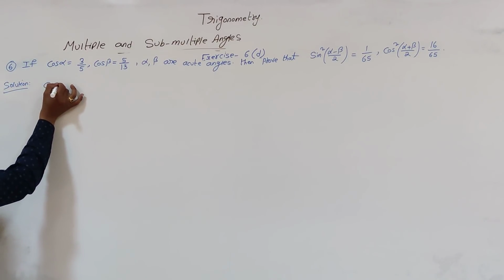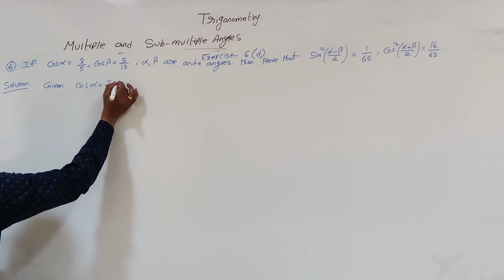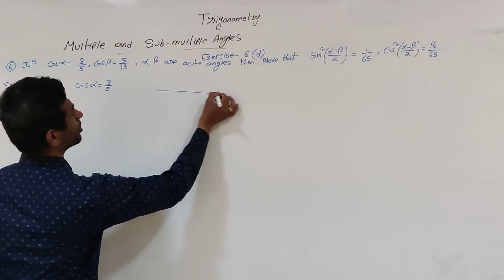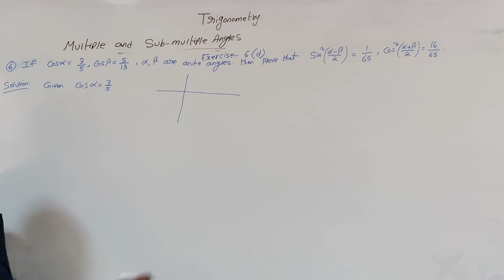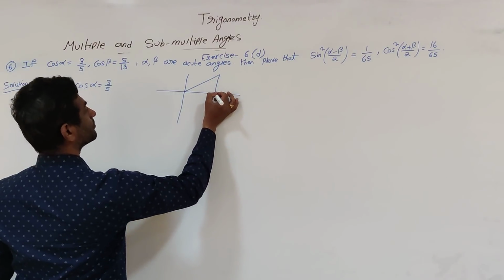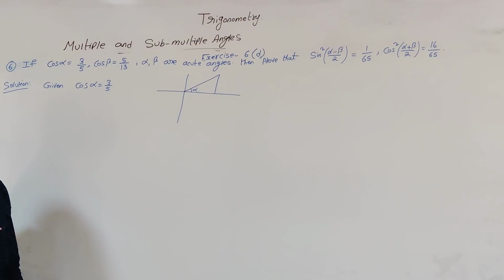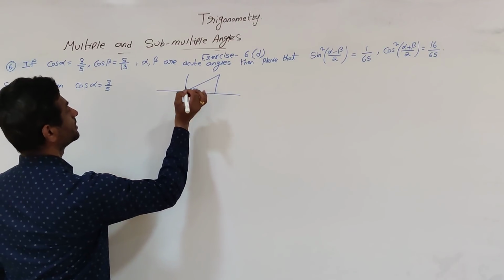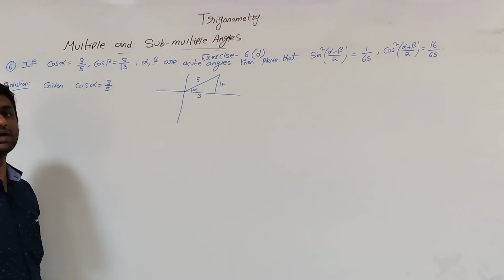Given cos alpha is 3 by 5, and alpha lies in the first quadrant, means acute angle. So we'll go for one right angle triangle for alpha, and it is given as 3 by 5, means adjacent side is 3 and hypotenuse is 5, and this becomes 4 by using the Pythagoras theorem.